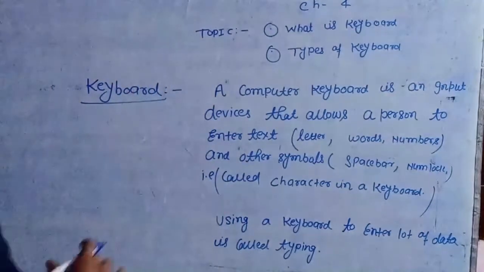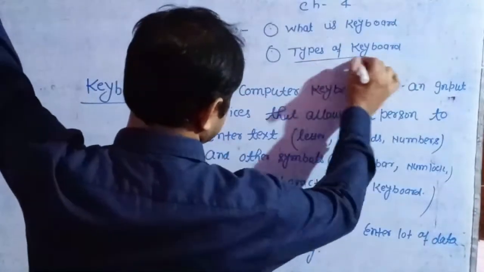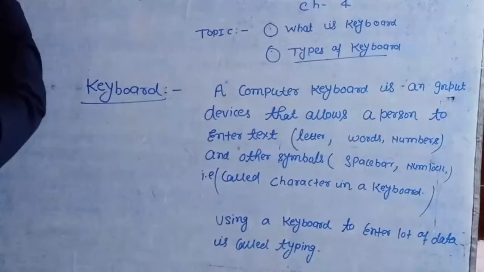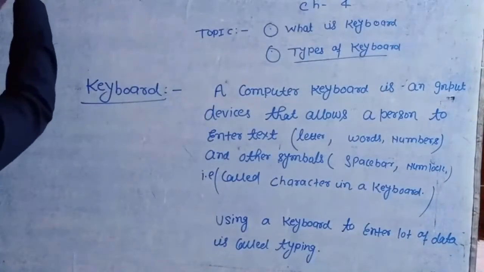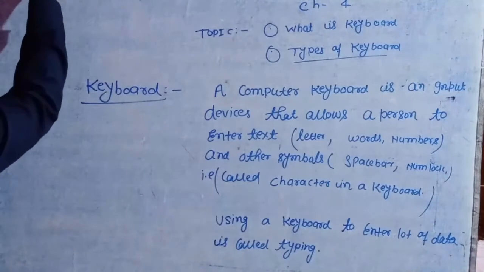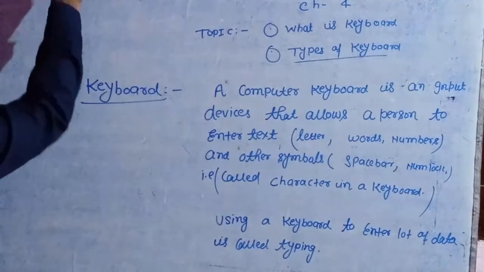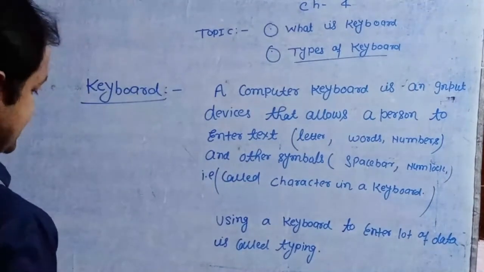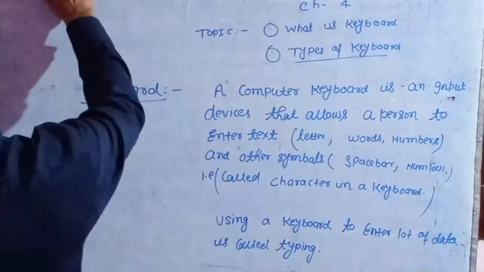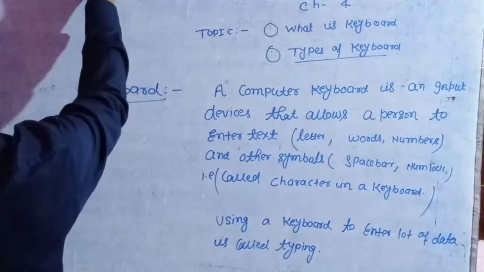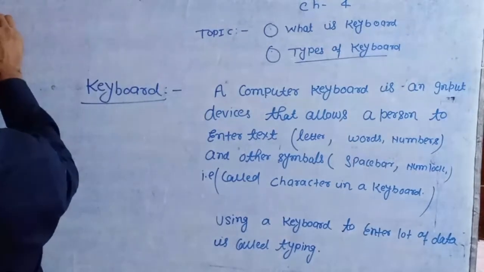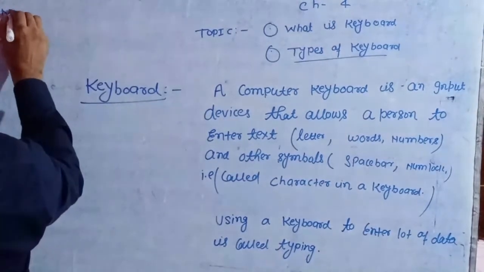My dear students, now the types of keyboard keys. There are three types. First type, alphabet key. Second type, number key.